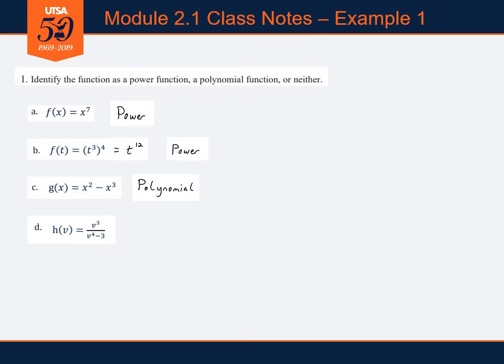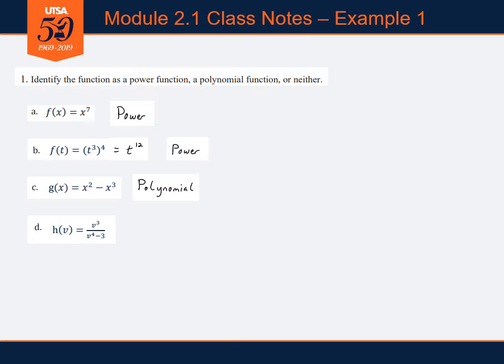So if we've got nothing but whole number powers of the variable, then it at first might look like this is a polynomial function, but a polynomial has to combine those terms by simply adding or subtracting them together like we saw in part C. In part D, we've got division of v cubed by v to the 4th minus 3.